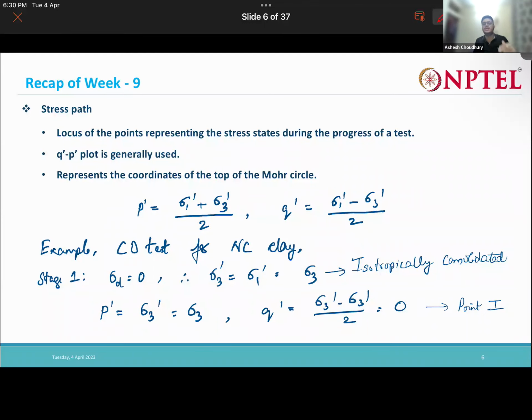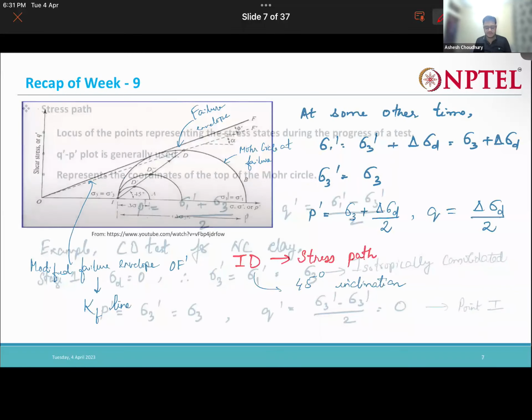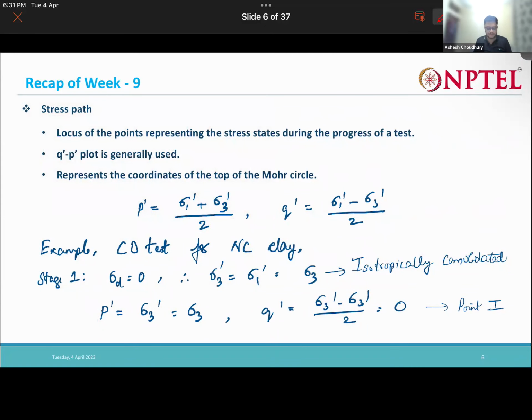You are gradually increasing your applied stress, and that gradual increase in applied stress is represented in terms of the stress path. That's why we say it is the locus of the points representing the stress states during the progress of a test. By seeing a stress path, you can tell what kind of test has been conducted on that soil.